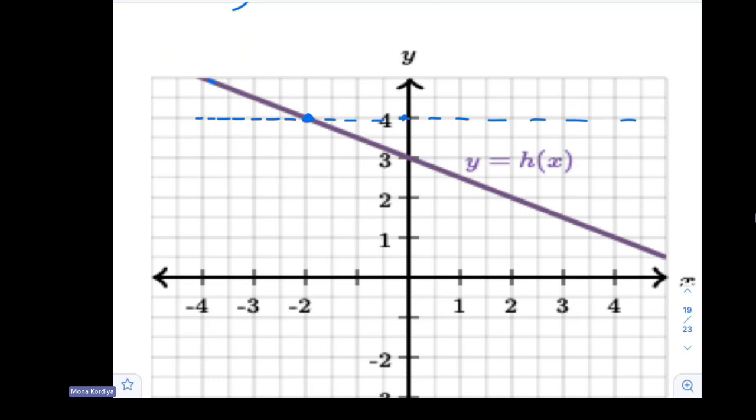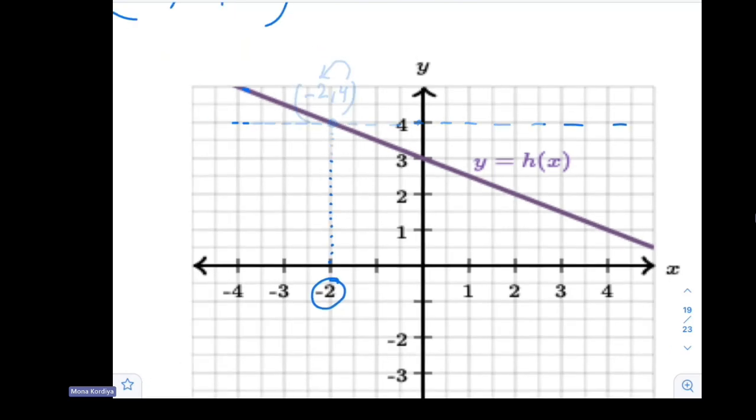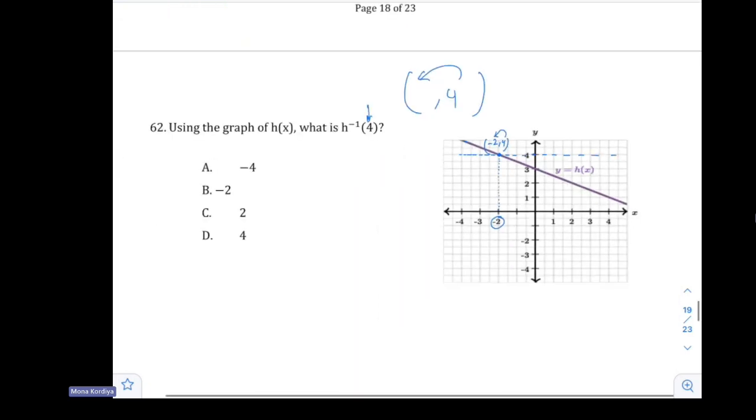This is the given line, and this is the line that we want. The point with y coordinate 4 has x coordinate -2. So for h inverse of 4, we are looking at x when y is 4, which is -2.